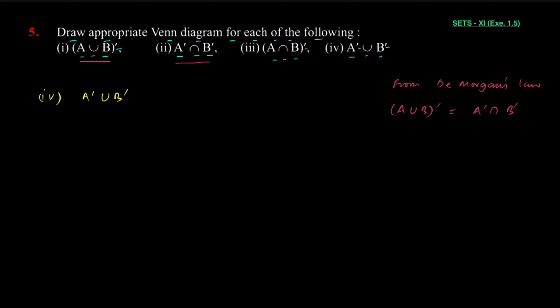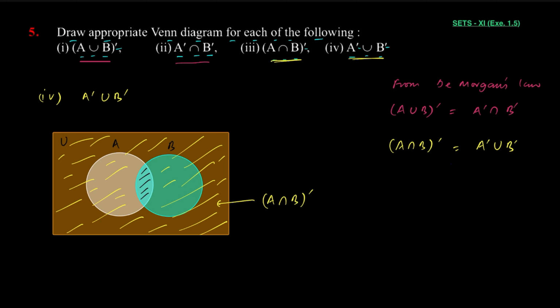According to the second part of De Morgan's law, A intersection B whole complement is the same as A complement union B complement, meaning that the set in part 3 is the same as the set in part 4, which implies that both of these sets will have the same Venn diagram. So here we'll have the Venn diagram of the previous part, as it's clear from De Morgan's law that A intersection B whole complement is equal to A complement union B complement. Hope this makes sense.